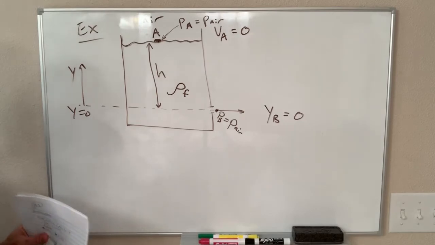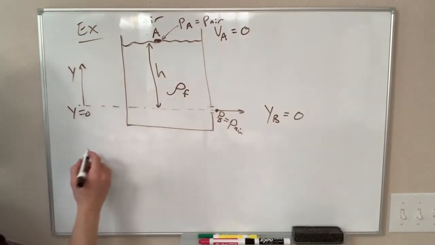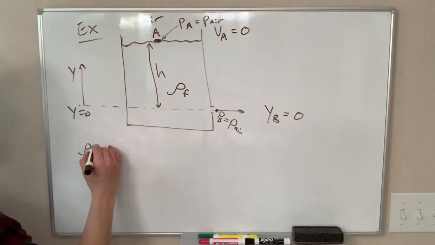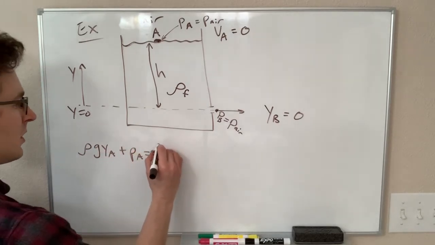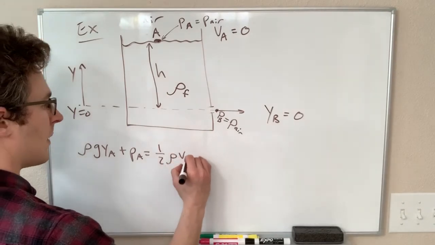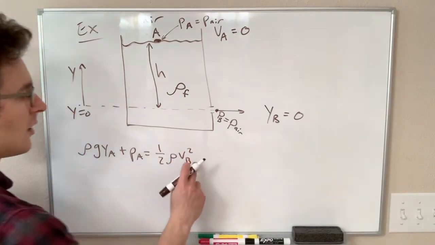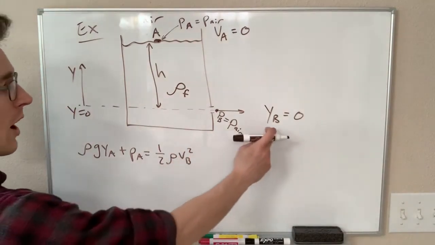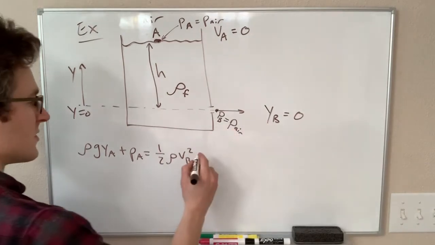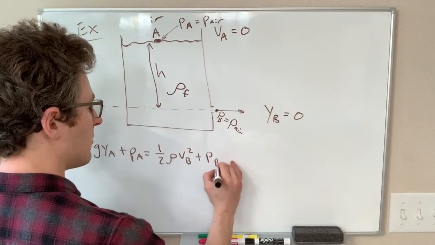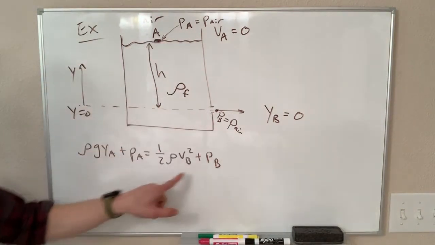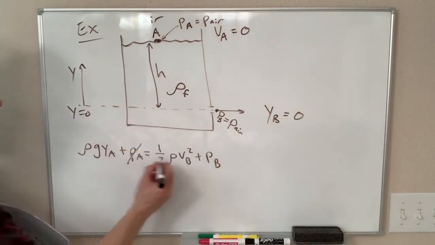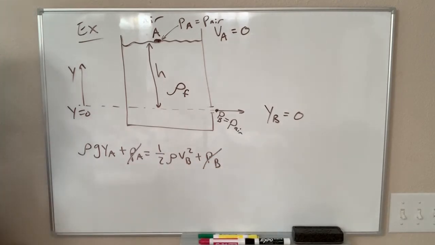I'm not going to write all of the pieces. I'm going to skip VA. So we have rho G YA plus PA equals 1/2 rho VB squared. And I'm going to skip rho G YB because we know that this height is 0, plus PB. I just said that PA was equal to PB, so I can subtract that from both sides, and those terms go away.